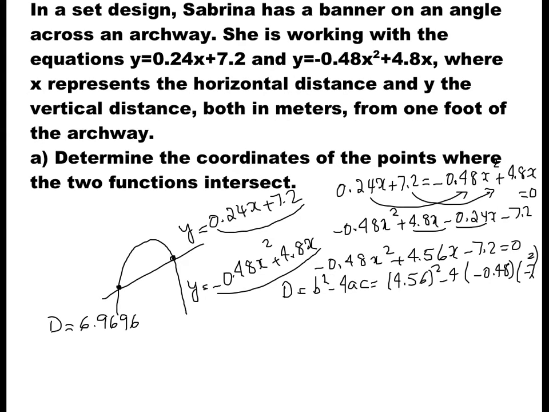So this is our discriminant. Since the discriminant is greater than 0, this means that there are two solutions, or two zeros. Now we have to use the quadratic formula to find the x-coordinates of the points of intersection.